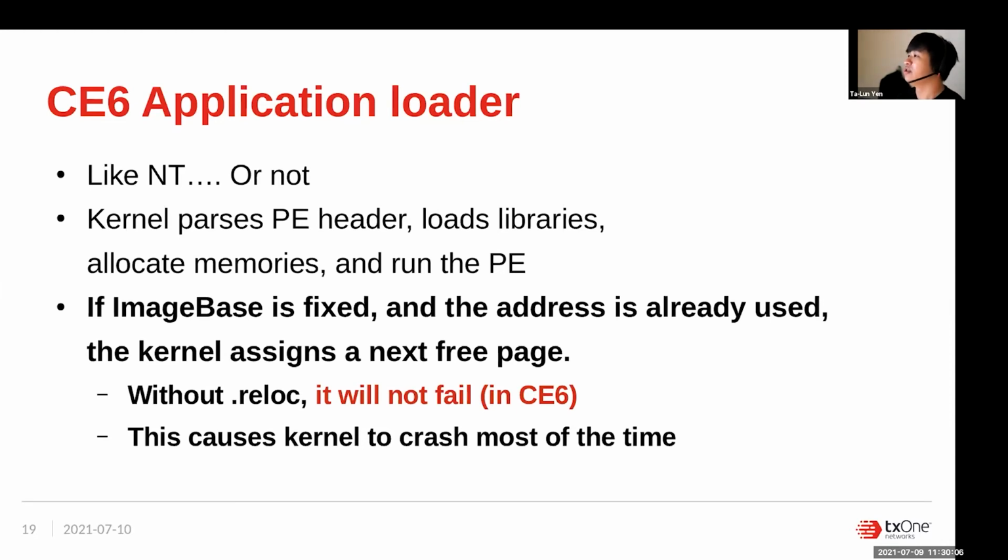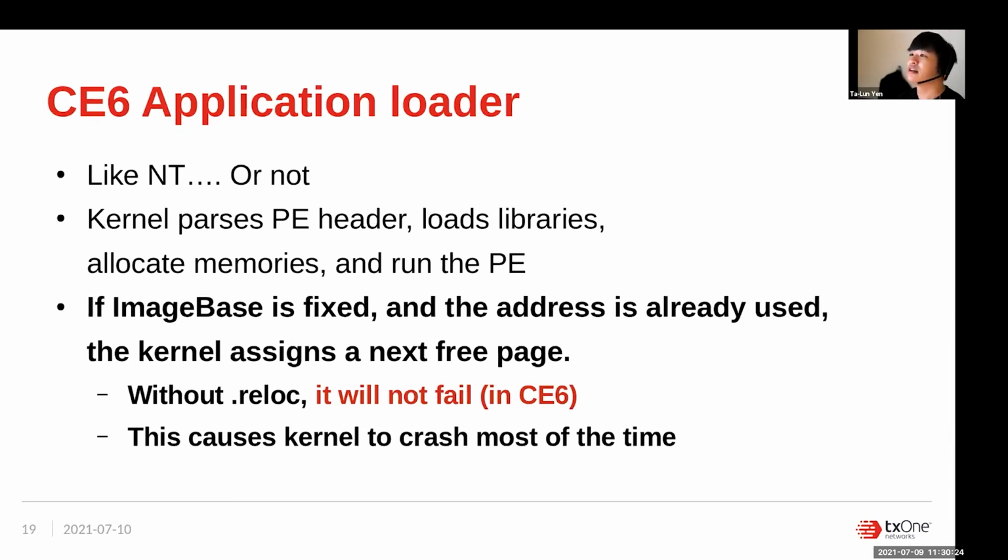The application loader in CE6 is like what it is on NT: it will parse the PE header, load libraries, allocate a size of memory, and jump to the binary's start address. However, there is a major difference in CE that makes our image approach crash.